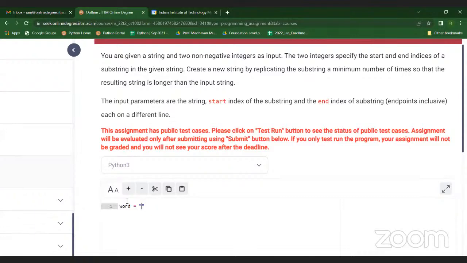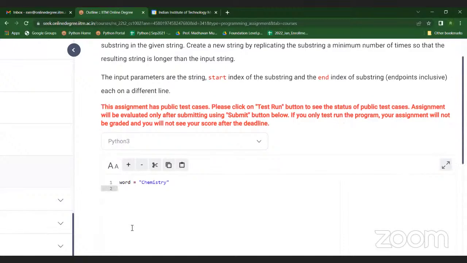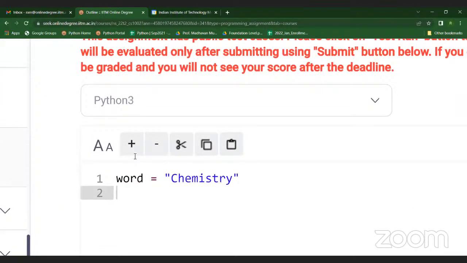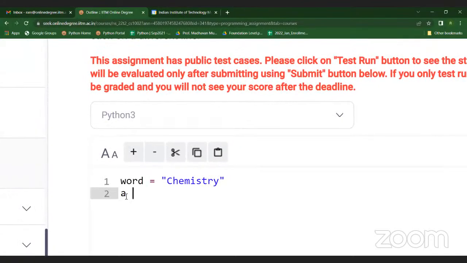No, let's not use Python, we're using it like 2 times. Chemistry. Okay, so word equals to chemistry, and then let's say A equals to 0 and B equals to 3.